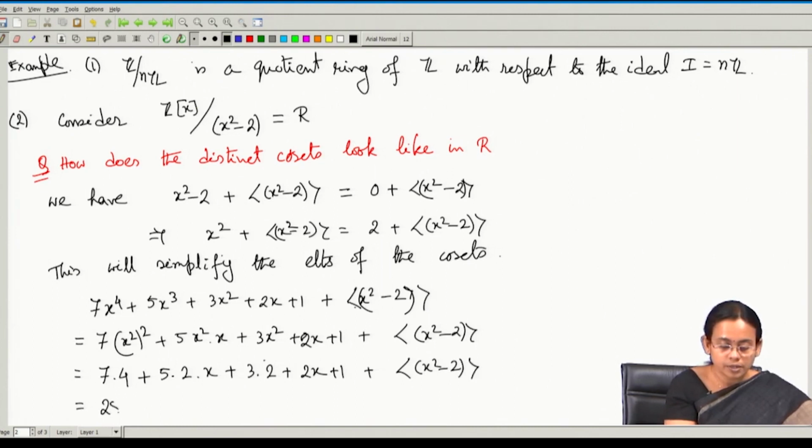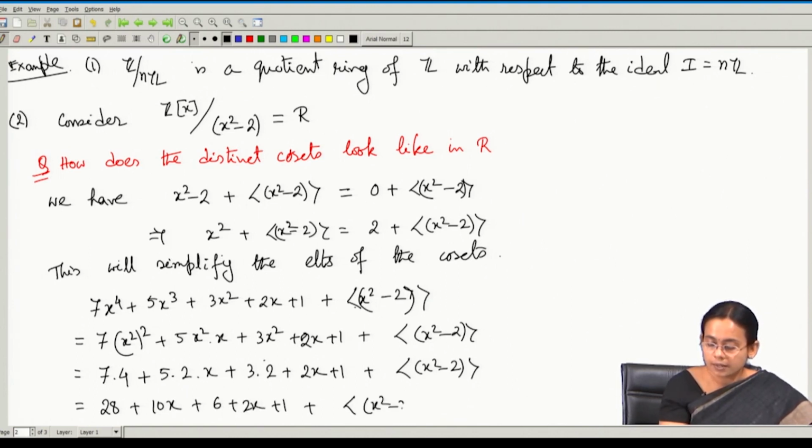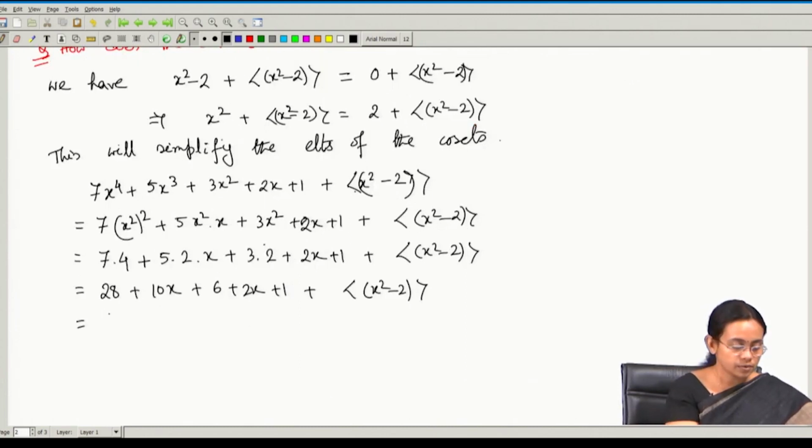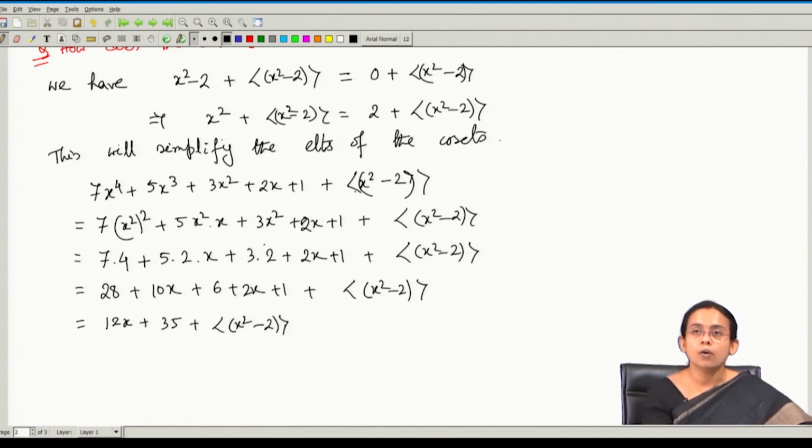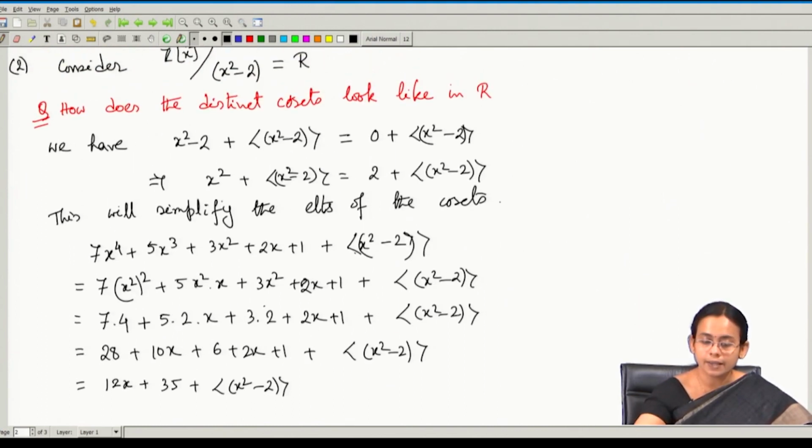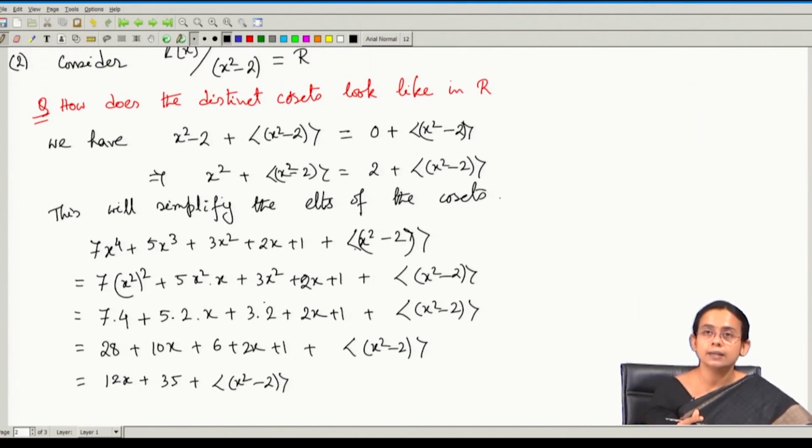This is nothing but 28 plus 10 x plus 6 plus 2 x plus 1 plus the ideal, which I can simplify and rewrite as 12 x plus 35 plus the ideal generated by x square minus 2. You can observe that whatever polynomial I choose in Z[x], when I see it as an element in the quotient ring, everywhere I am replacing x square with 2 and I am landing with a linear polynomial.